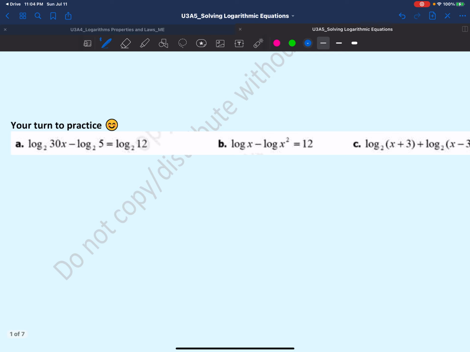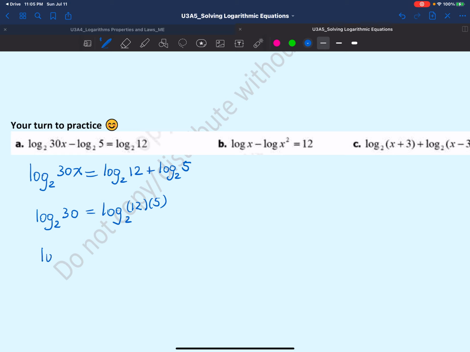So I have the choice of either combining the terms on the left side or taking the numbers to the other. I would take the numbers to the other side in this case only because I like the product law better than the quotient, but it's the same idea. So we have log with base 2 of 30x equals log with base 2 of 12 times 5.